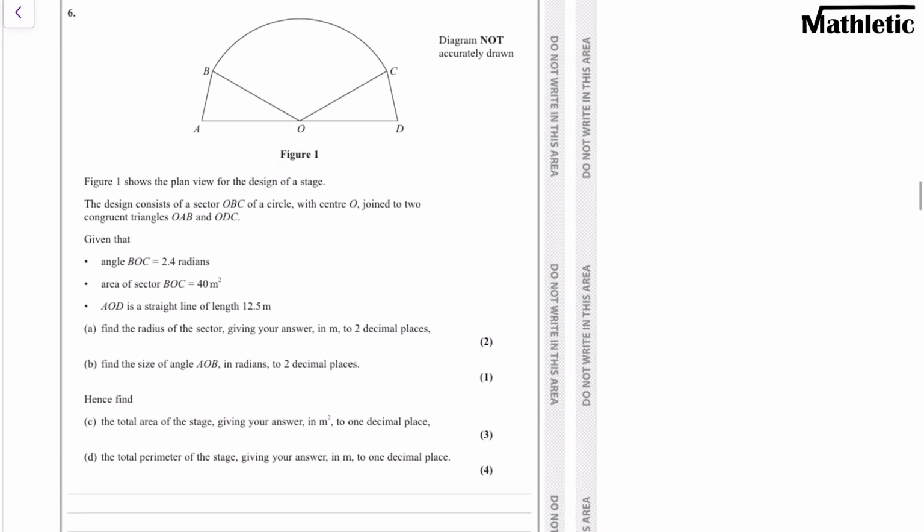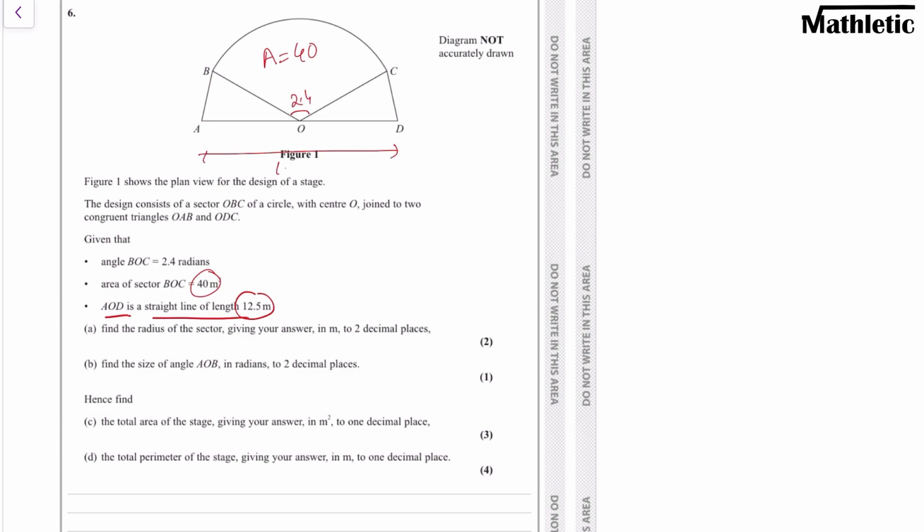Next, this is number 6, where you have the plan view of a design of a stage, which consists of a sector and then 2 identical, congruent triangles. The angle at the middle is 2.4. The area of this sector is given, area is 40. The AOD straight line is 12.5.